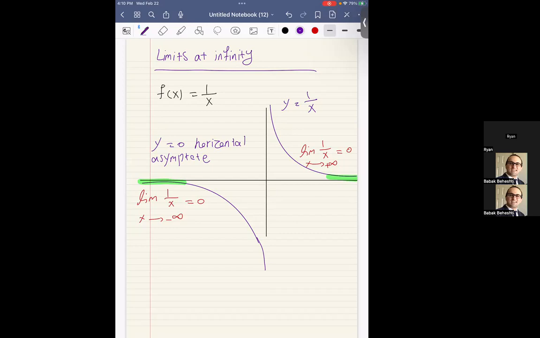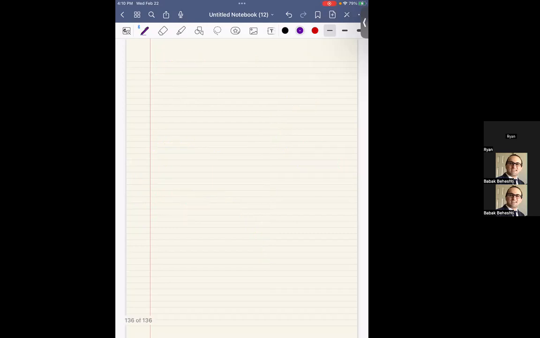Okay. So another important example is f of x equal to e to the power x. So I can draw the graph of this function. So this is the graph, y equal to e to the power x.